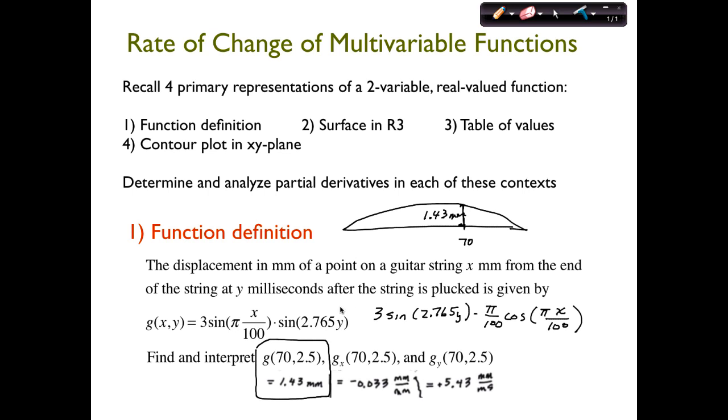Is that what you asked? So this is all constant, like we said, and then the derivative of sine is cosine, and by the chain rule, you leave the interior as it is, and then you multiply by the derivative of the interior, which is the pi over 100. That's the chain rule right there.